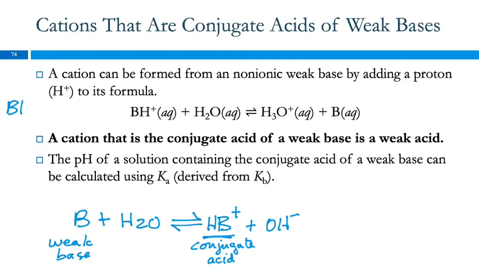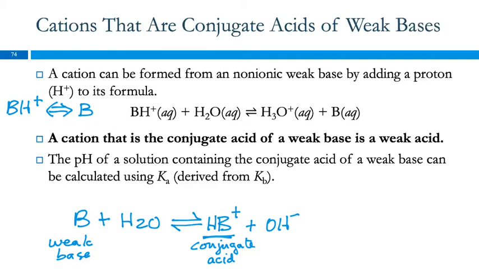If we have this cation, we're like, well, that's a weird looking thing. What if I take a hydrogen ion off of it? What do I get? I get B, right? So if this is a weak base, now I have a cation that's the conjugate acid of a weak base. And it can act as an acid.